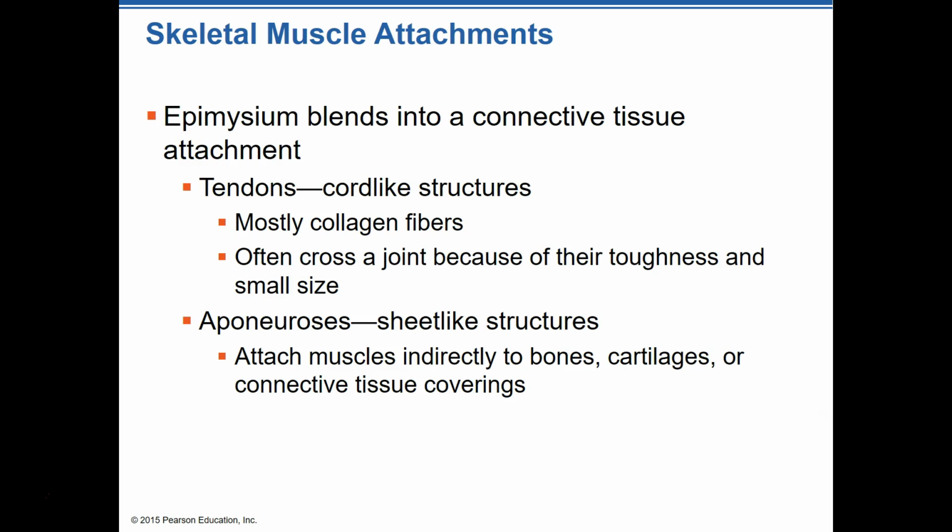The interesting thing about the epimysium that surrounds that entire muscle is ultimately it winds up blending into a connective tissue attachment of some sort. Usually it's a tendon. And tendons are really dense, really tough, strong cord-like structures that are made a lot of collagen fibers, which gives them a lot of strength and rigidity. They often cross a joint because of their toughness and their small size.